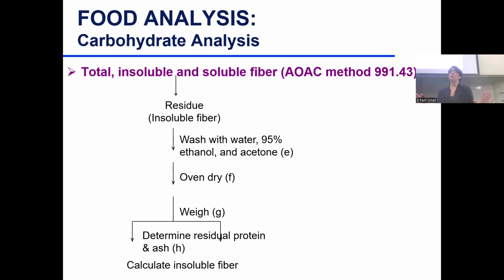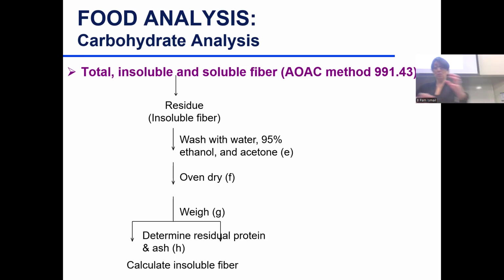Here you didn't put ethanol. So when you filter without the ethanol, all the solubles will go through the filter, and what's left on the filter is your insoluble fiber. So that insoluble fiber you wash, you dry, and then you take the weight and determine the residual protein and ash, and you calculate insoluble fiber.